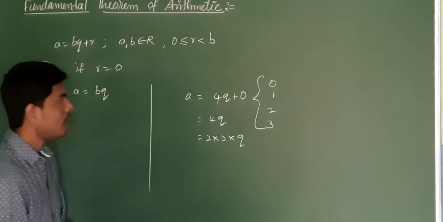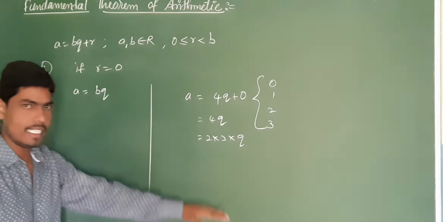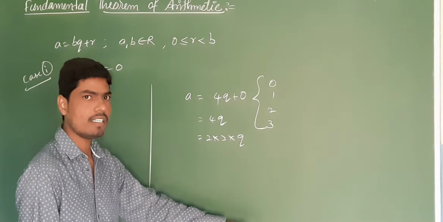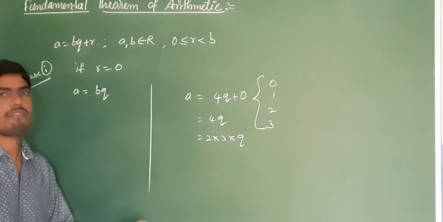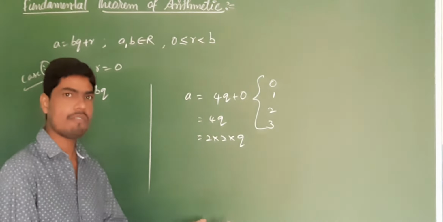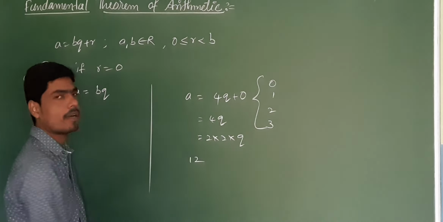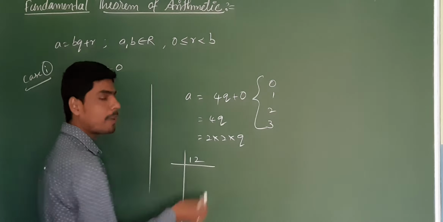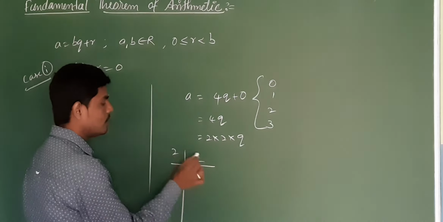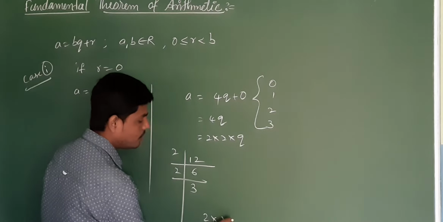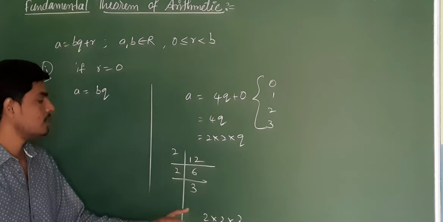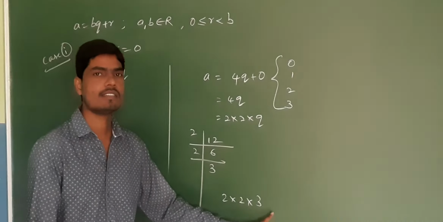That means any integer we can write as a product of prime factors. For example, 12 is the number. Take the LCM method, you will get the prime factors very easily. 2 sixes are 12, 2 threes are 6. So you can write 2 × 2 × 3. So it's a product of 2, 2 and 3.